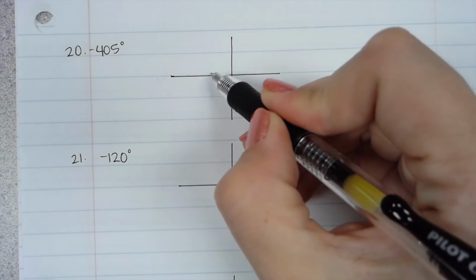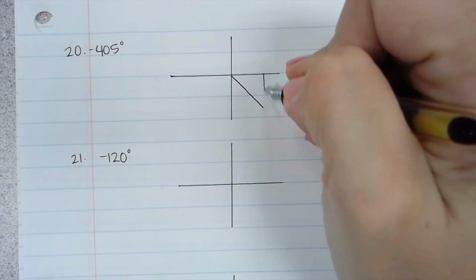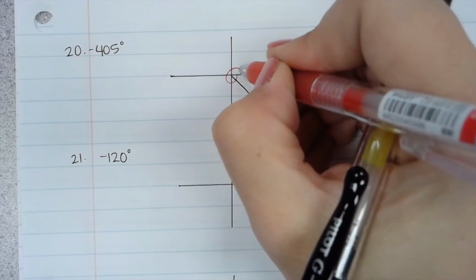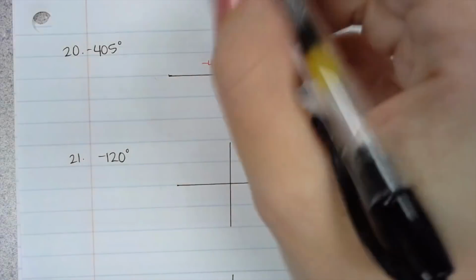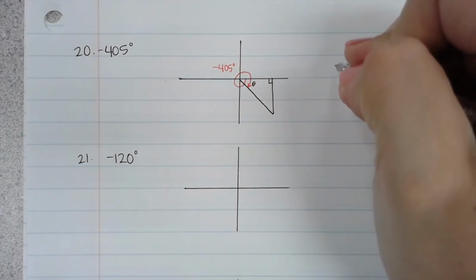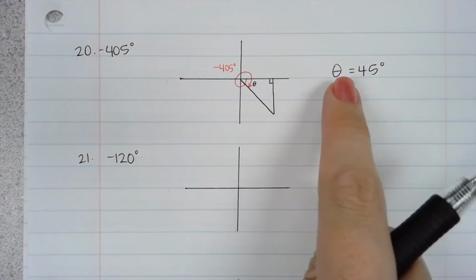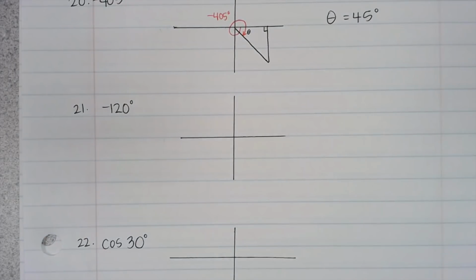So it's coming down and around once, that would be 360, and then it's going 45 degrees past 360 again. So this is my negative 405 degree angle. And then I'm solving to find theta, which I kind of had to squish, but it's that reference angle right there. So for this one, my reference angle is going to be 45 degrees. Even though it's going in the negative direction, remember that your reference angles are always positive.